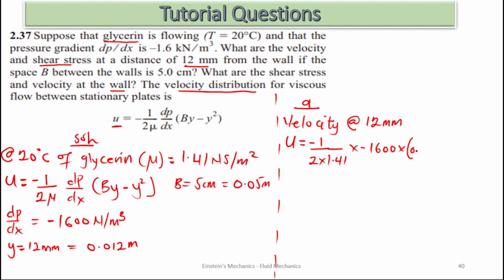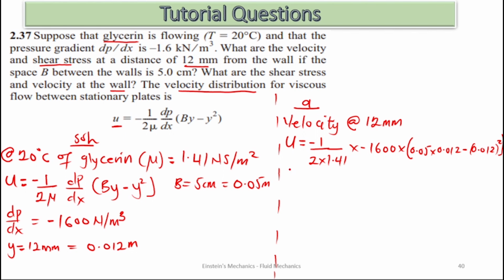So that will be 0.05 multiplying y, which is 0.012, minus y squared, which is 0.012 squared. Then you close your bracket.